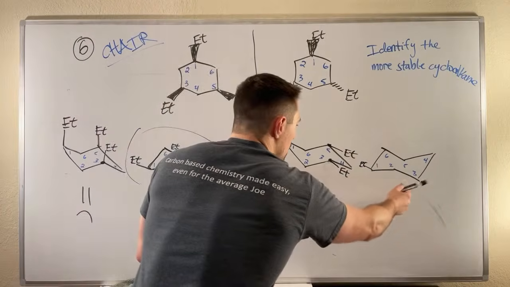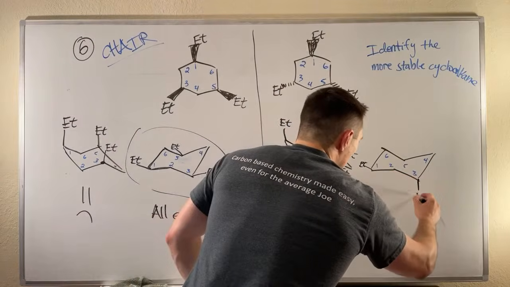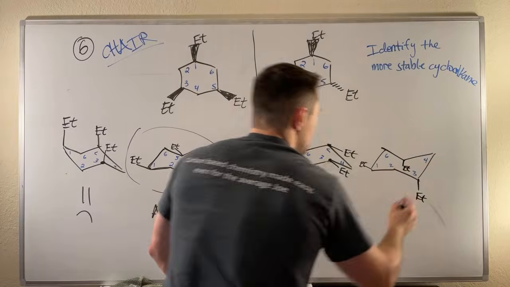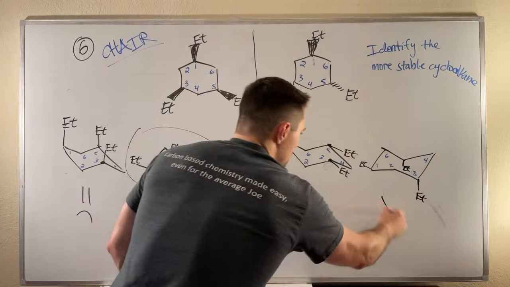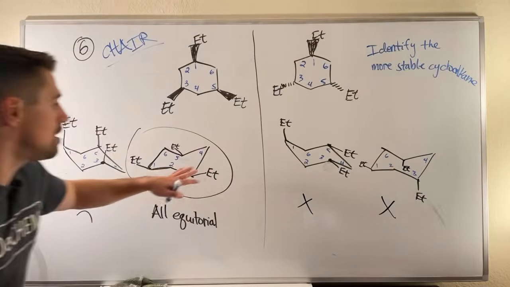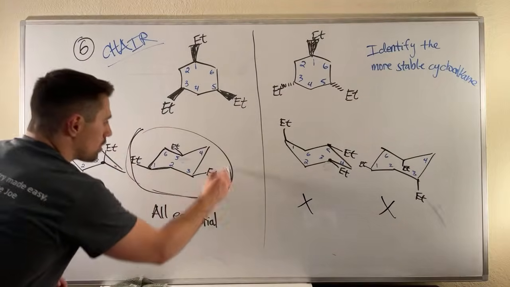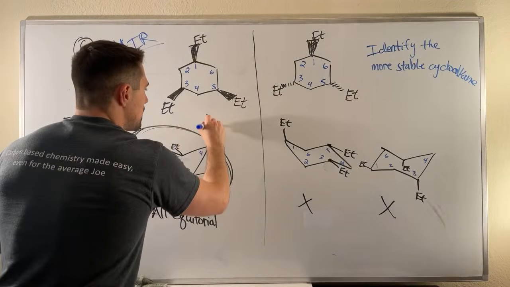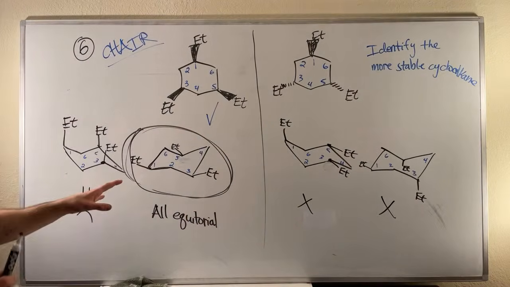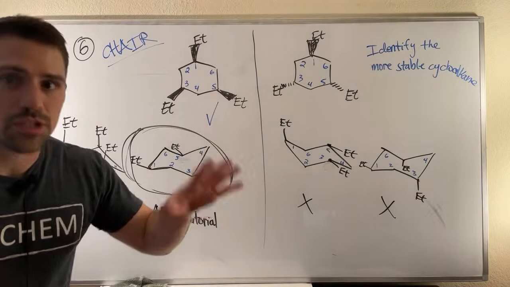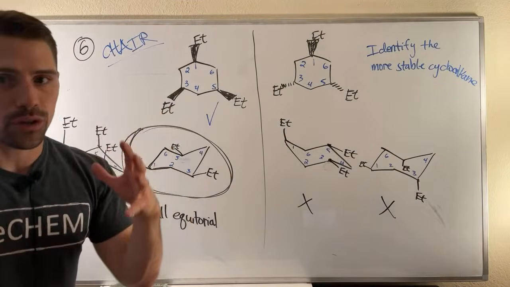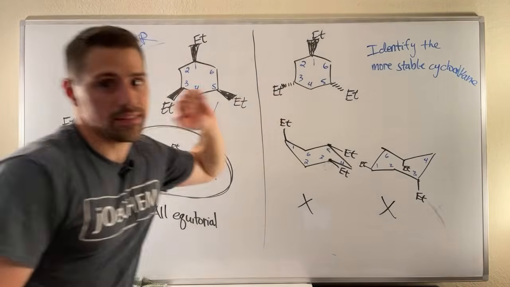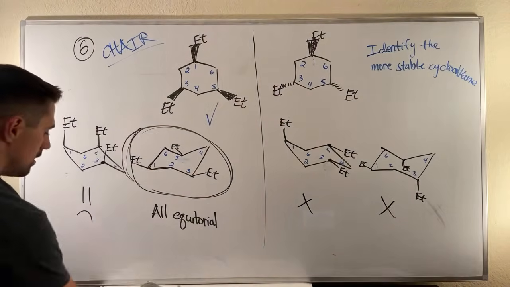At 3, we'll have down axial, and at 5, we'll also have down axial. So this doesn't cut it in terms of being more stable than this chair. All equatorial takes the cake. So what you'd say on your exam is that this is the more stable structure because it has a chair conformation that places all of the substituents equatorial, minimizing overall strain, and therefore having a lower energy than this molecule on the right. Alrighty.